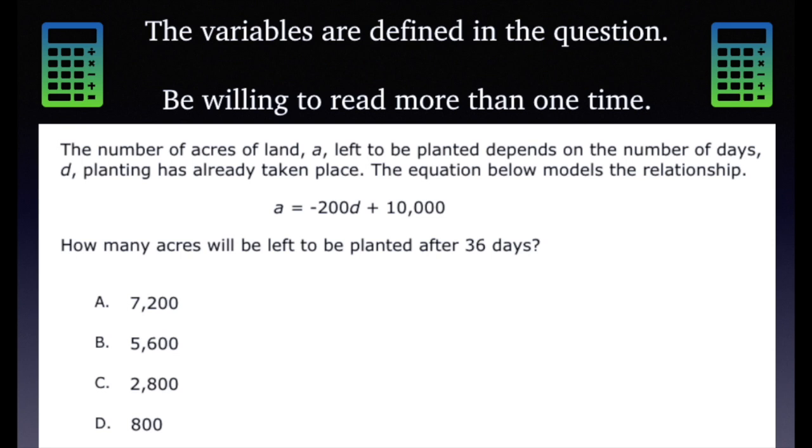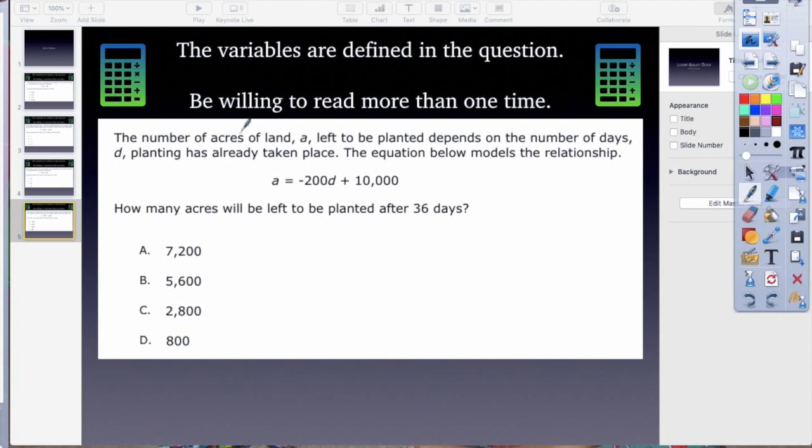All right, last one. And again, this question looks exactly like the other one, but we're going to solve for the other variable this time too. So the number of acres of land, A, left to be planted depends on the number of days, D. Planting has already taken place. The equation below models the relationship. So A equals negative 200D plus 10,000. How many acres? So we're solving for A. How many acres?